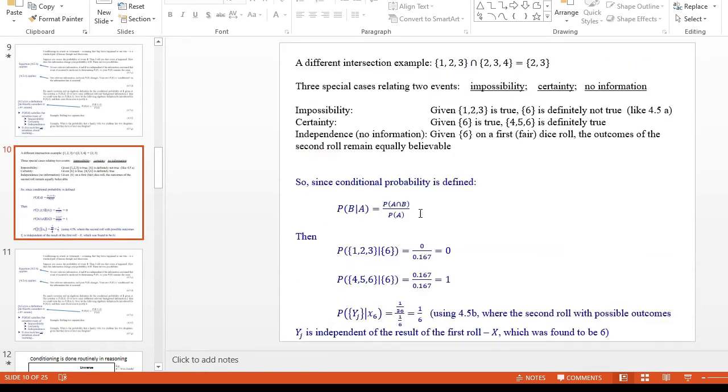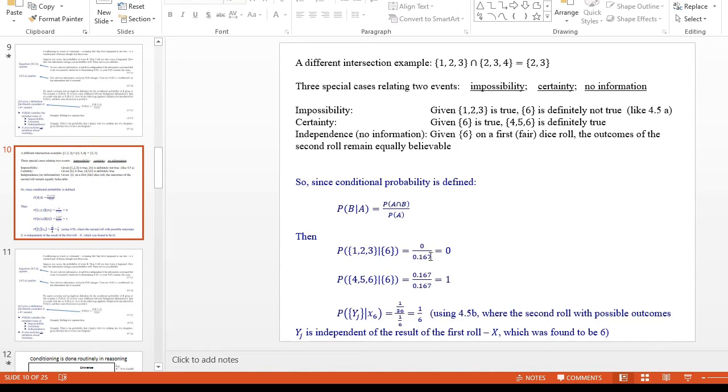So conditional probability is defined: probability of B given A is the probability of the intersection divided by the probability of A. So first of all, impossibility. When we had mutually exclusive events, for example the outcome of rolling one die being 1, 2, or 3, or in the other case 6, well, if we know it's 6, then there are 0 events in the intersection, so the probability of the intersection is 0.